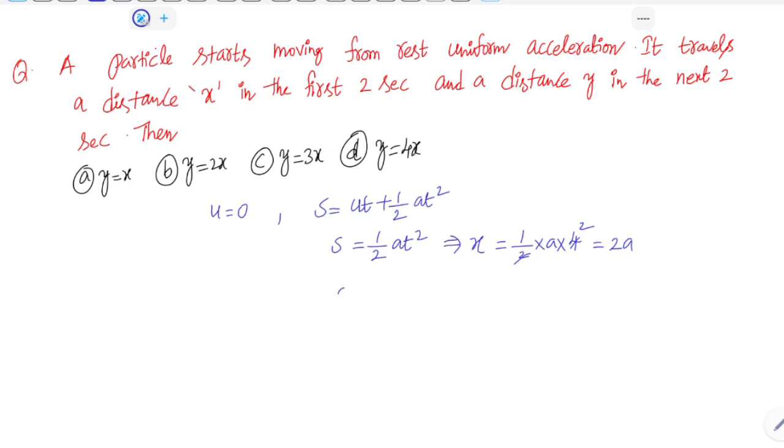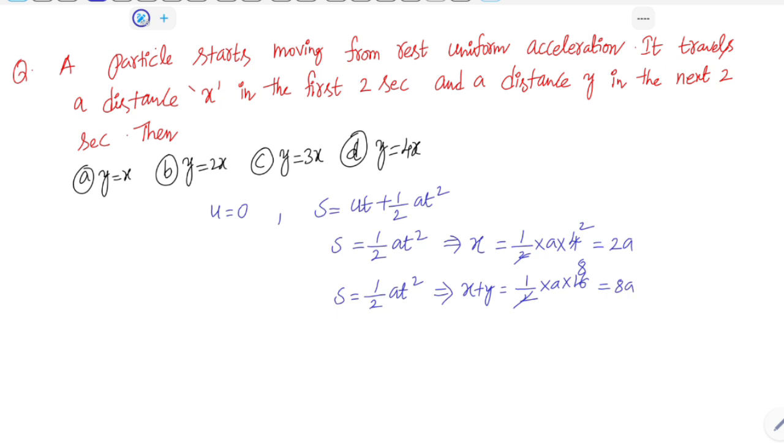Therefore, using the equation s is equal to half at square, but now I am considering the distance as x plus y, and the time to be considered is 4 seconds. In place of s, we take x plus y, which is equal to half into a into 4 square. 4 square is 16. Now 2 ones are 2, 2 eights are 16, so it is equal to 8a.